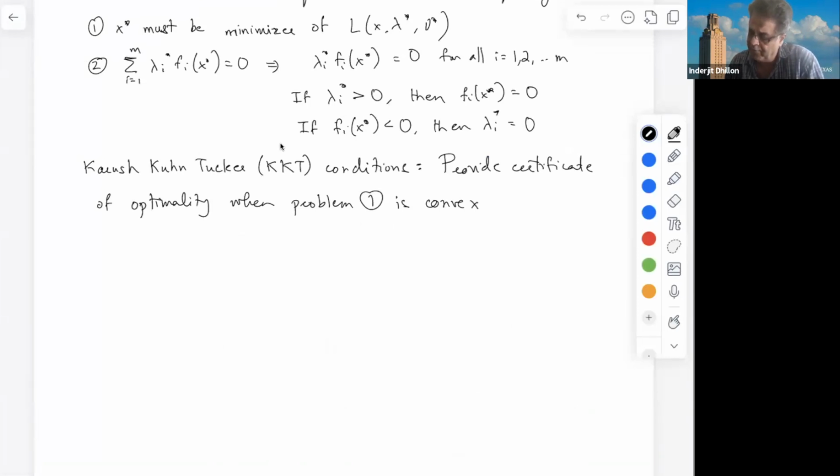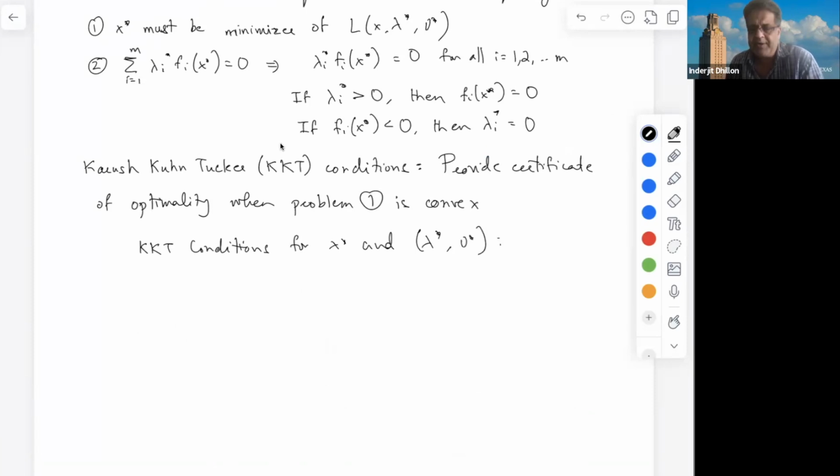The KKT conditions are as follows, for x star, the primal variable, and the dual variables.